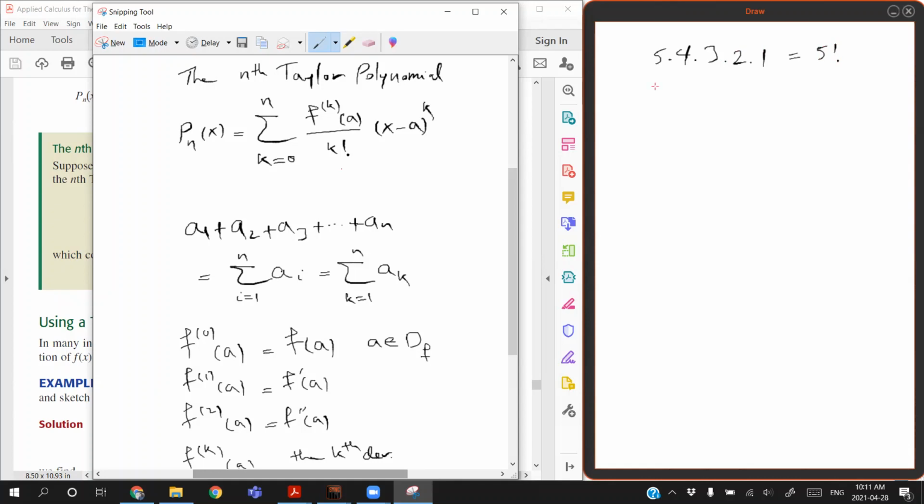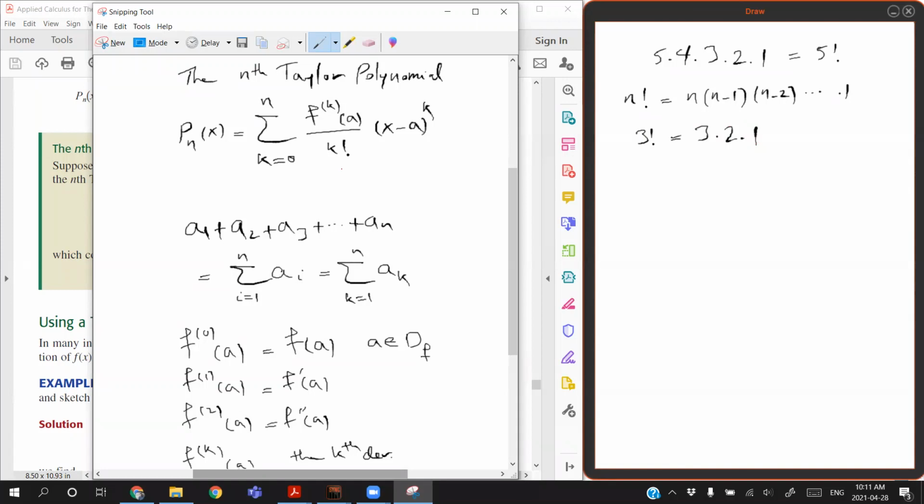Generally, n factorial would be n times n minus 1 times n minus 2 all the way to 1. That's the shorthand notation for multiplying numbers from a certain number successively back to 1, or from 1 to that number, in any order. For example, 3 factorial is basically 3 times 2 times 1.